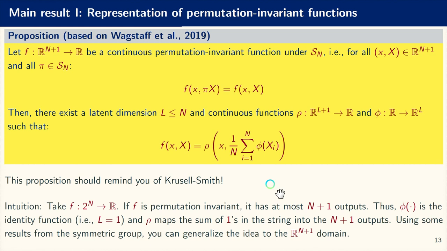This theorem is more powerful than it seems and is less powerful than it seems. Let me start with the latter. Why is it less powerful than it seems? Because the latent dimension, L, can be exactly equal to n, which doesn't really make much progress.